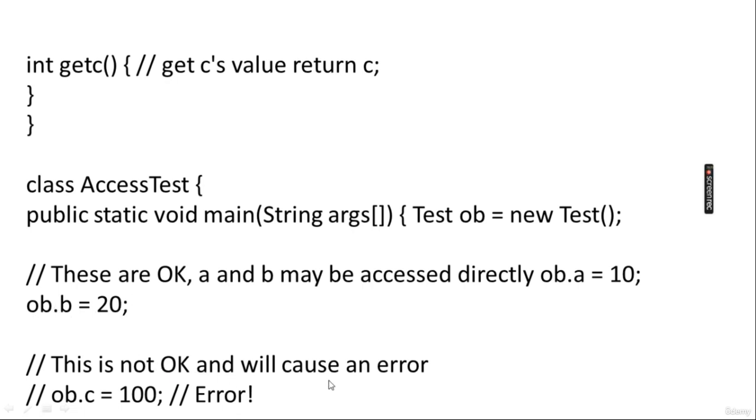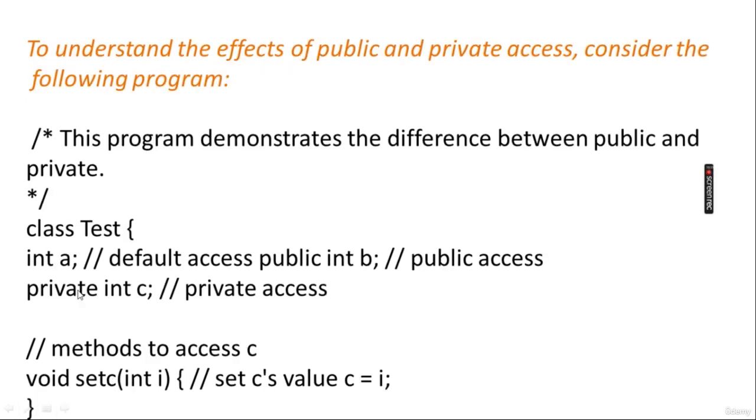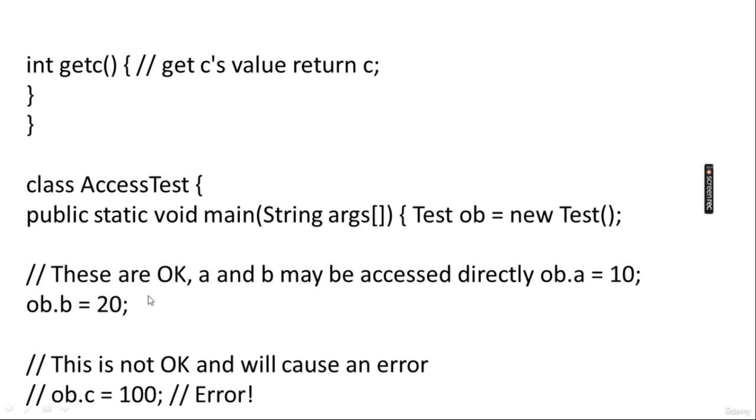This is not okay and will cause an error. We cannot access it like this, ob.c. Why? Because the member c of Test is declared as private. So you cannot access it like object name dot member name. So it will cause an error.